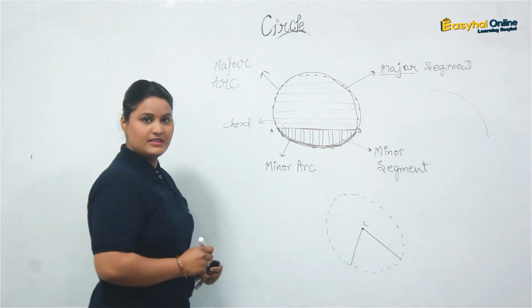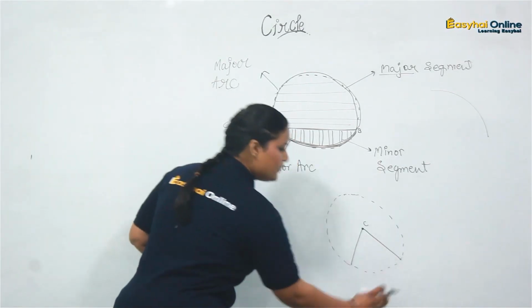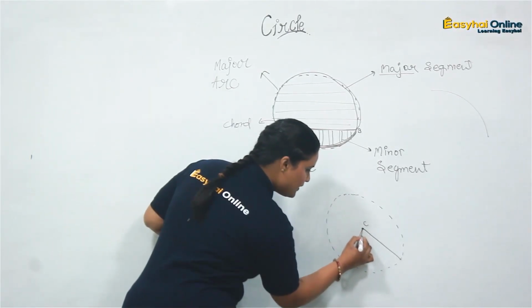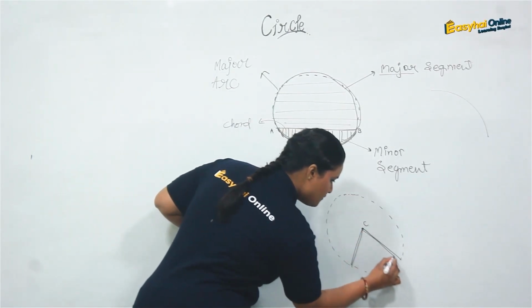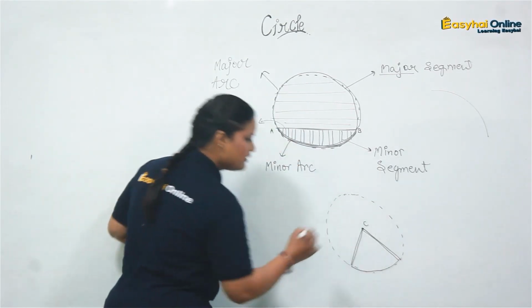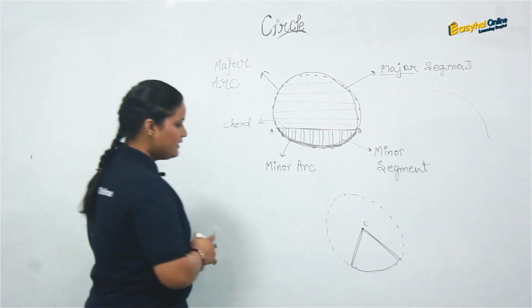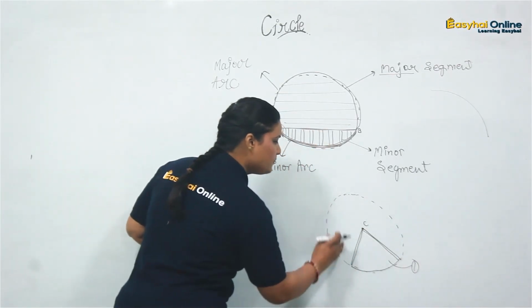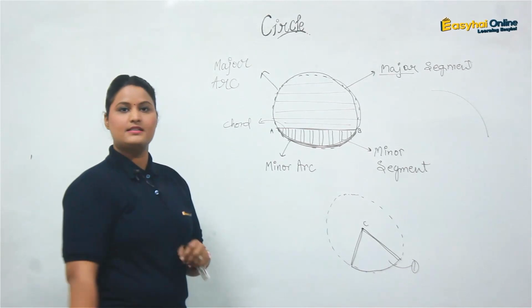Doesn't it look like a pizza? This is a pizza slice, which can be separated from it, correct? This is one pizza slice and this is the remaining pizza.